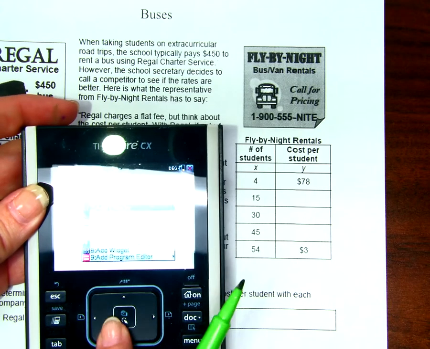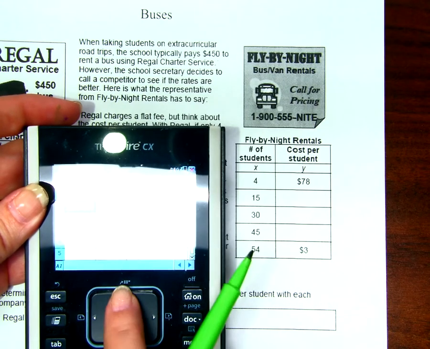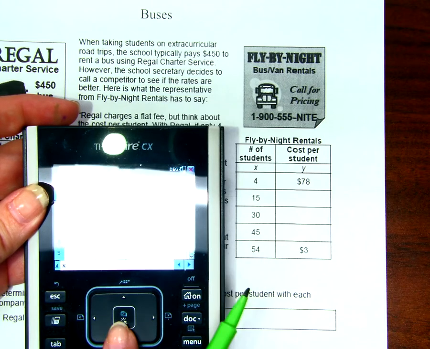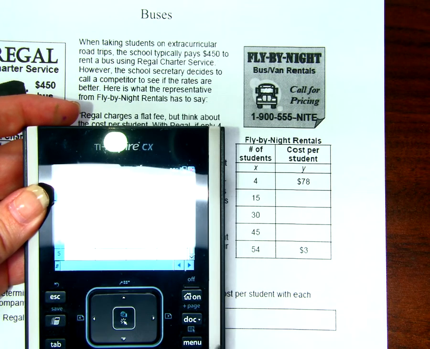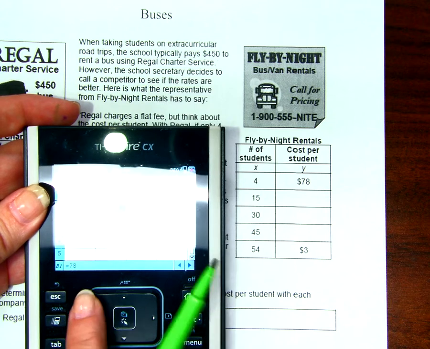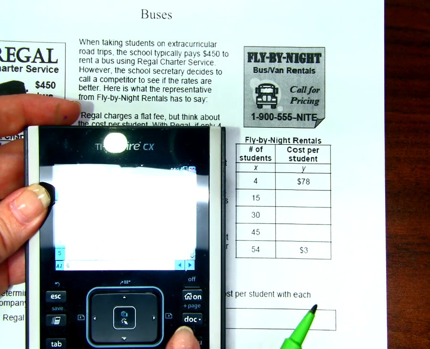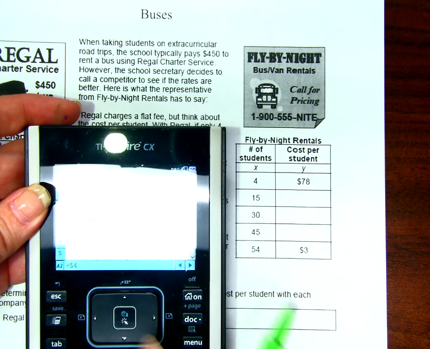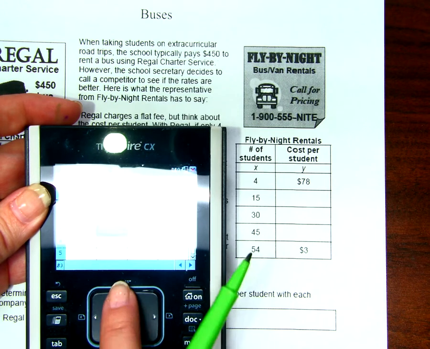But we could go to a list and spreadsheet and say this is x and this is y. I don't really know how exactly it did that. Maybe it's magic. I'm going to put them in just in case.